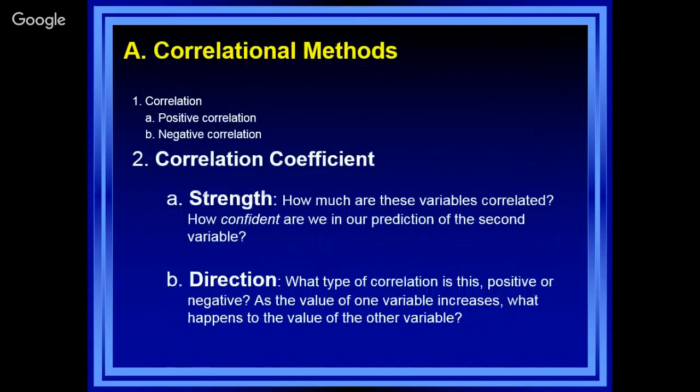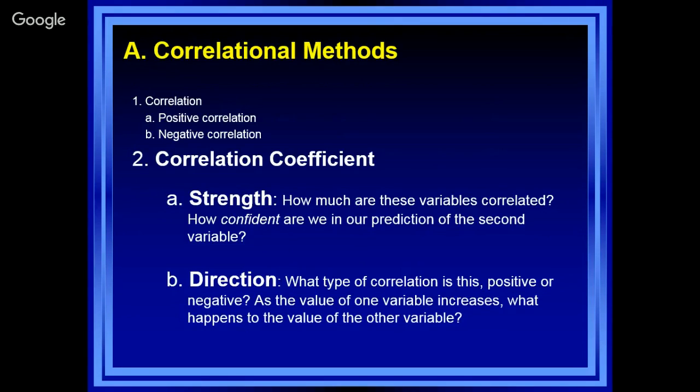But let's talk about those two important areas that it tells us about, strength and direction. So we said a correlation coefficient tells us about strength. First, we have to say what it is. It's how much these variables are correlated. How confident are we in our prediction? Remember, correlations are all about relationships and prediction. If we know about the first variable, how confident are we to predict the second?